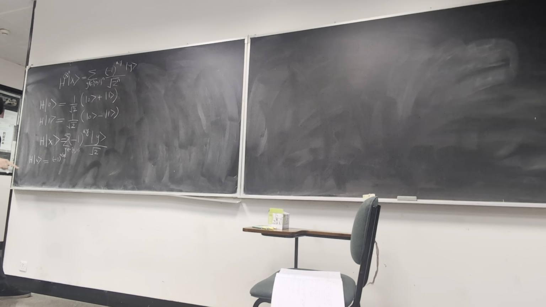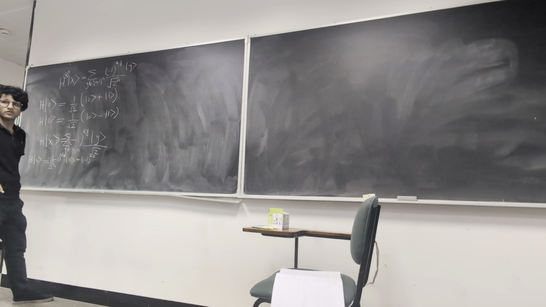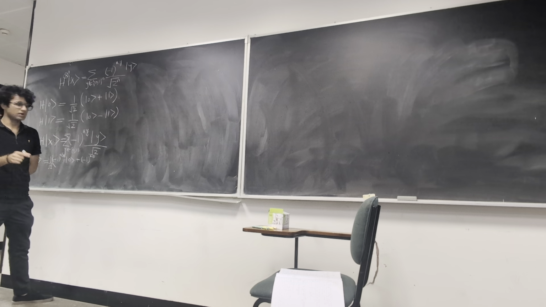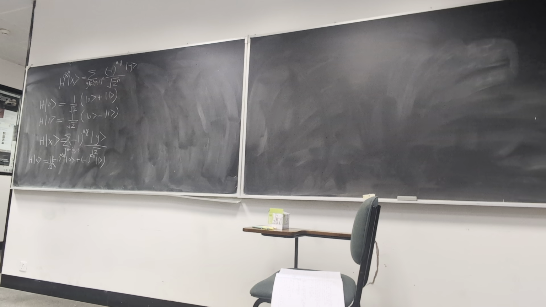Y पे sum हो रहा है तो 0 भी होगा, 1 भी होगा, right? 0, 1 over square root 2 I'm going to take common, plus minus 1 raised to the power 0 times 1, right? This is not a dot product, this is just like numbers multiplying. And then 1. Right? So this is obviously assuming that x is 0.